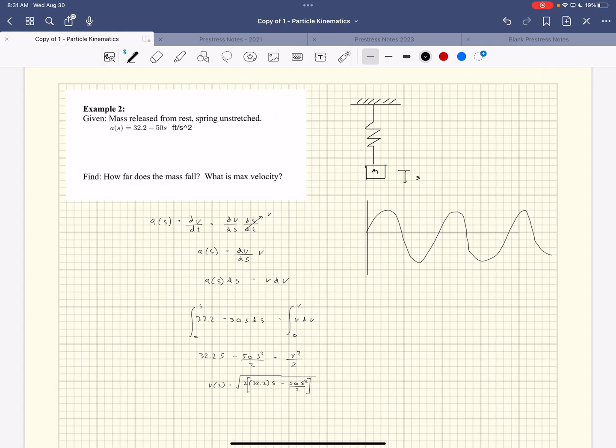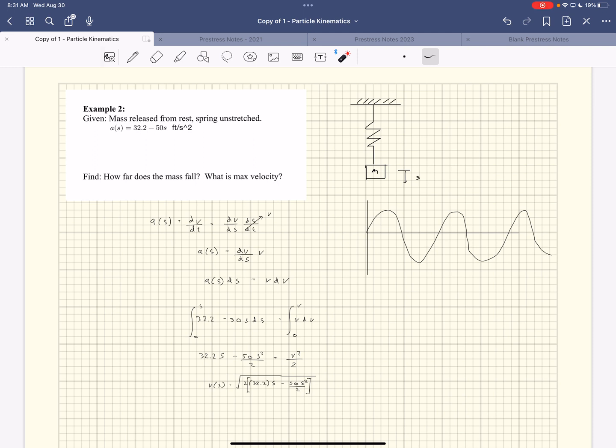So the question says, how far will the mass fall? When am I going to find the maximum distance that this thing has fallen? What's the velocity going to be? 0. It's going to be right down at the end. Say down is that way. It would start right here, and then go down, and be on the cusp, with 0 velocity, and then it's going to come back up the other direction.